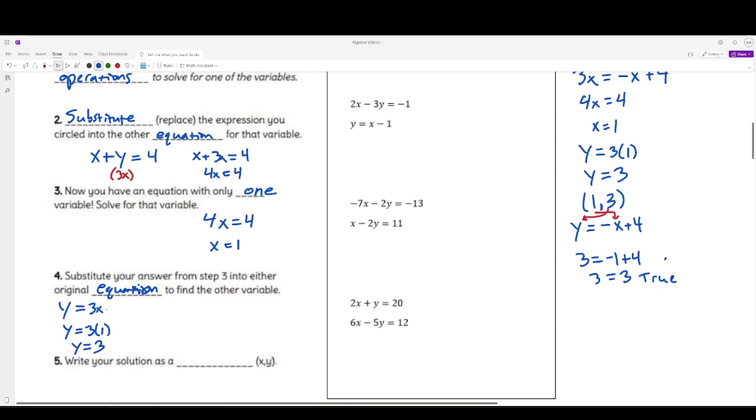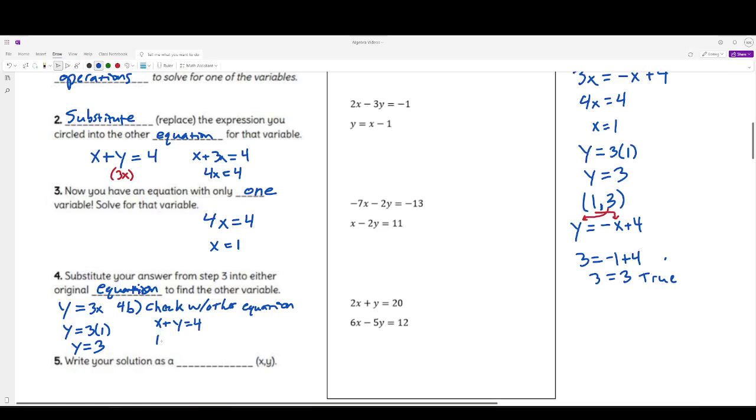Then I'm going to add a step 4b, which is check with the other equation. And this really is an important step because it gives you that verification that you've done this correctly. So now that we know y is 3 and x is 1, just like we did over on the right, we're going to use the second equation, x plus y equals 4, and plug in the two numbers.